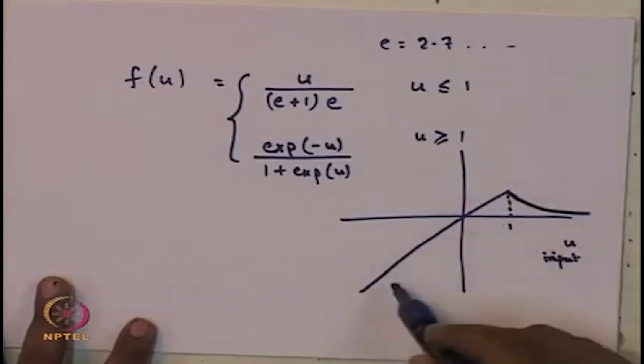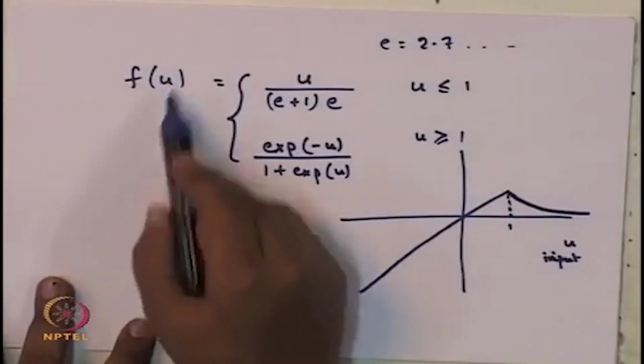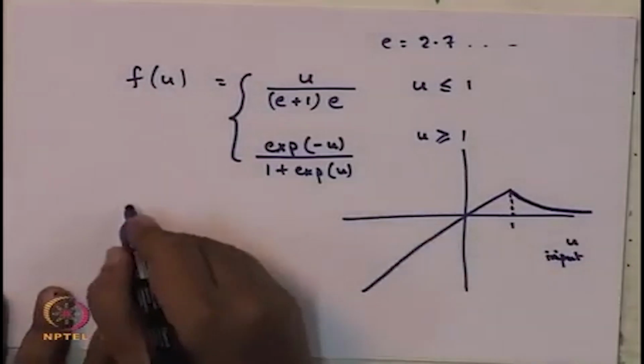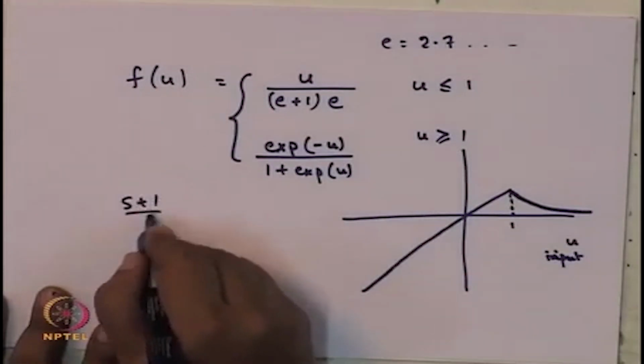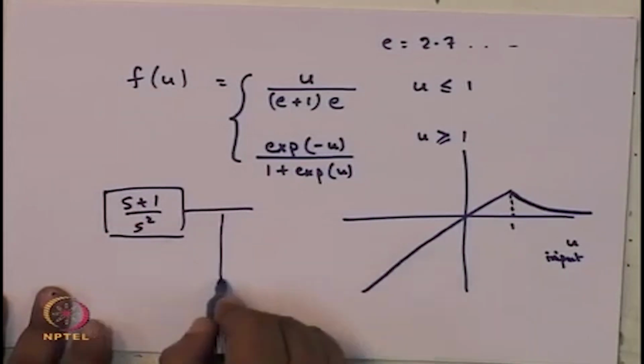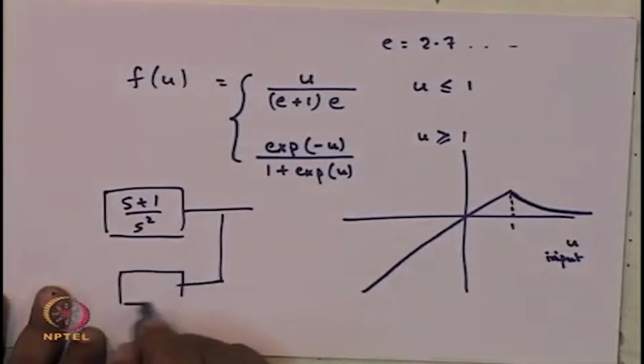So, this nonlinearity given by this f of u is in feedback connection with that plant, (s plus 1) upon s squared, and here you have the nonlinearity f.